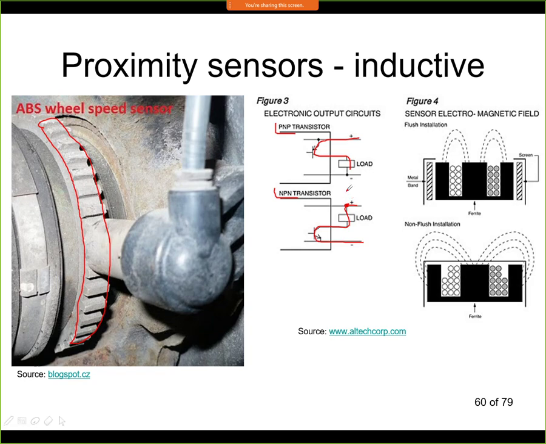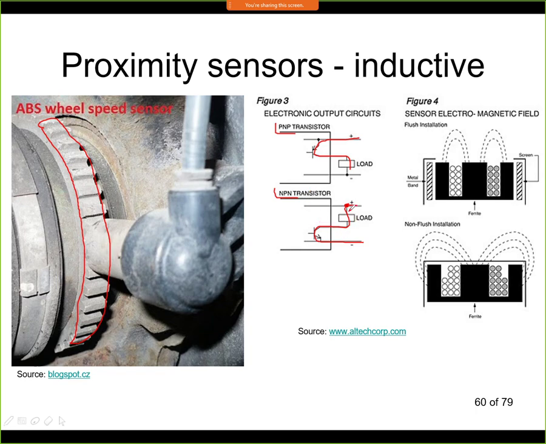In some applications you can choose the PNP transistor because here the advantage is that the load is not connected to the positive voltage, and it's connected to the positive voltage only if you have an output signal from the sensor. So in terms of safety, this is the safest connection, because here we don't have any voltage at all, and we turn it on only when we have some signal.